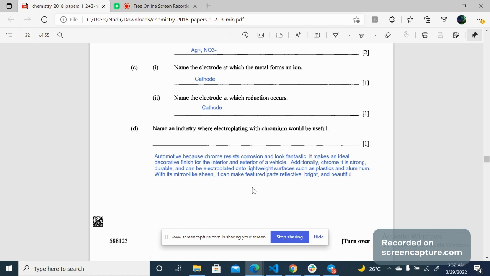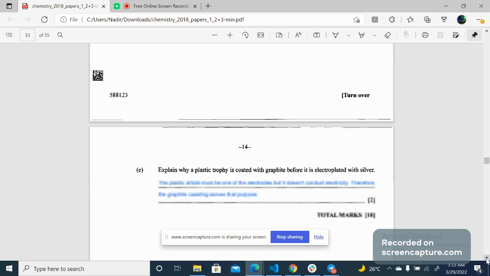Some of these are: it looks good on the things that it gets electroplated on, and it is long lasting. Electroplating goes a long way, and it can also be done on things like plastic, and it gives a good shine to what it gets electroplated on. It looks good and gives good reflection to the surface. Okay, these are some of the important things.